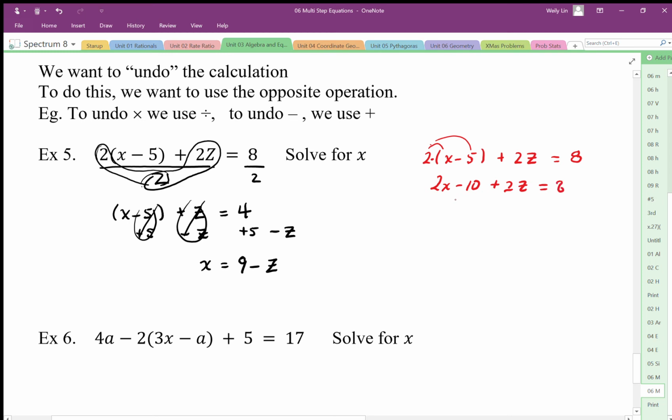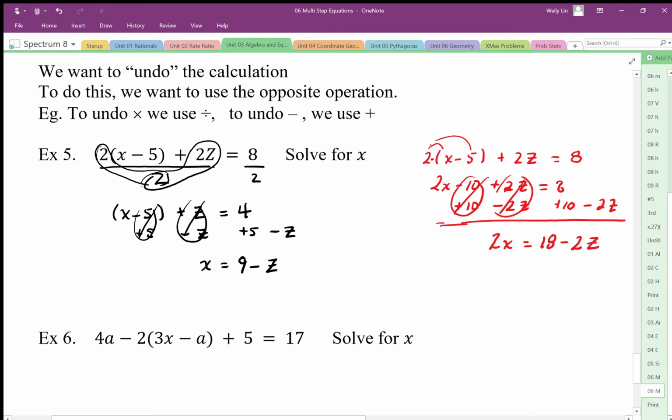And then I'm going to get rid of that minus 10 with a plus 10. I'm going to get rid of that plus 2z with a minus 2z. Okay, so I better keep track of this, so I need to make sure I show enough steps. So 2x, I don't want to do too many steps in one, is equal to 18 minus 2z's.